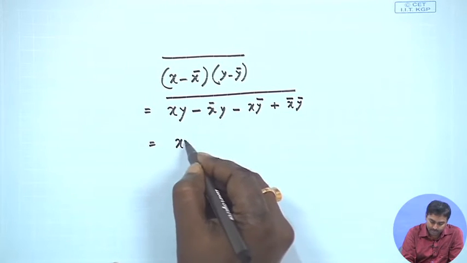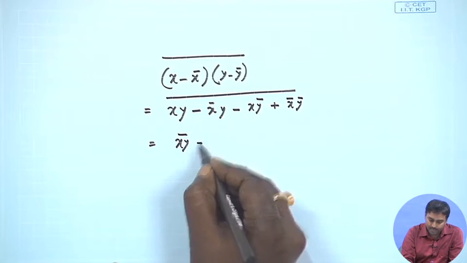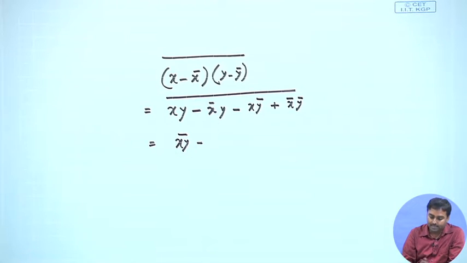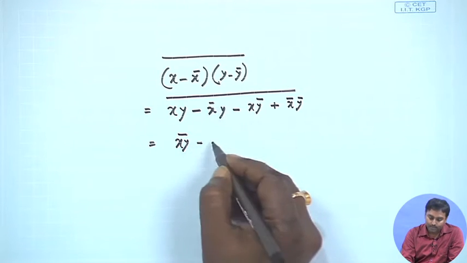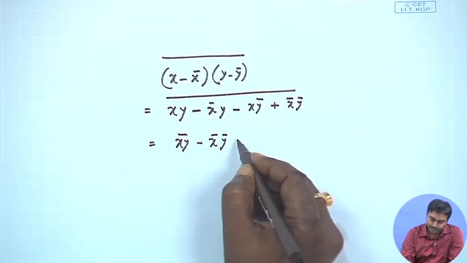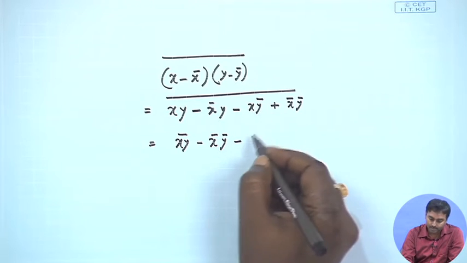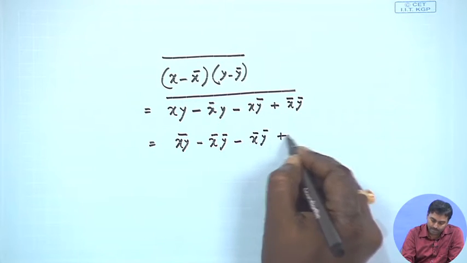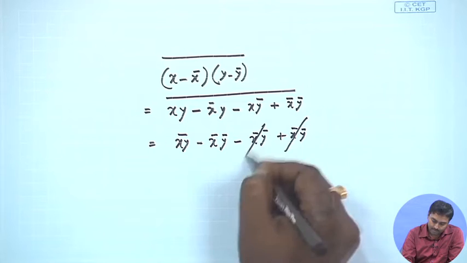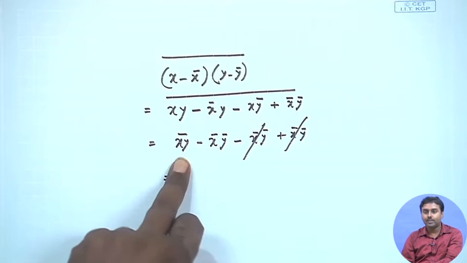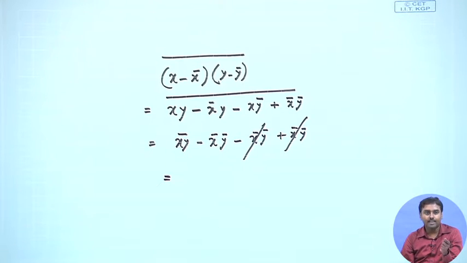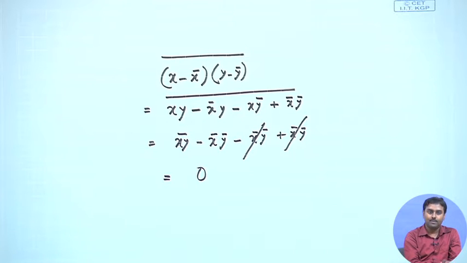Okay. So, this should be the average of xy minus, now let us see, x bar is a constant. So, it will be just x bar y bar. This is also the same thing, y bar is a constant. So, this should be x bar y bar plus x bar y bar. For independence, we have already proven that if x and y are independent, then the average of xy is equal to x bar into y bar. So, this must be 0.